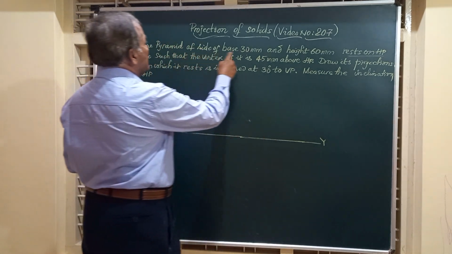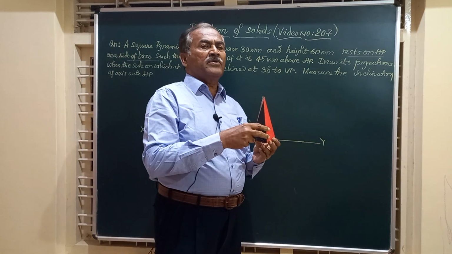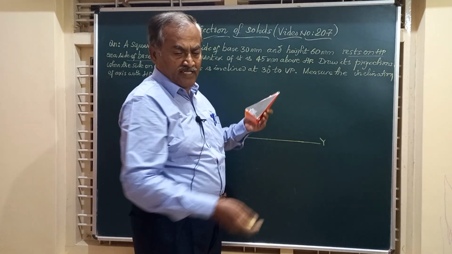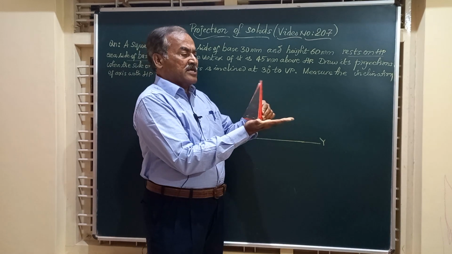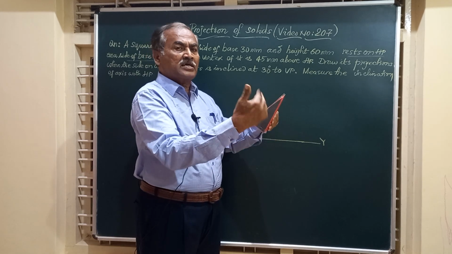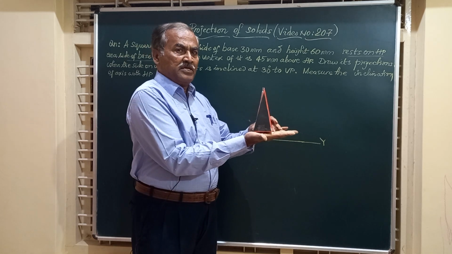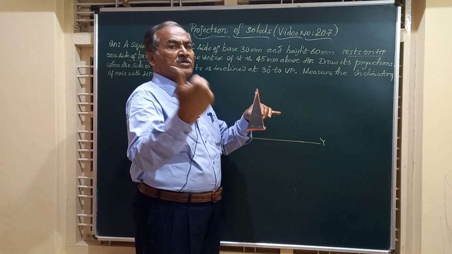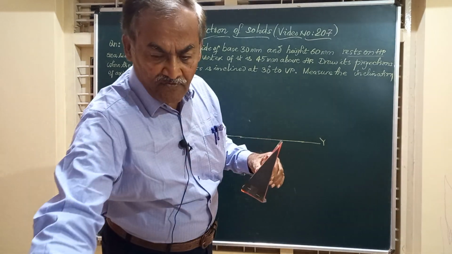Friends, it is resting on a side of base. Whenever any of the pyramids have to rest on a side of base like this, or it has to rest on a triangular face on HP, or a triangular face inclined to HP, for all these positions, place the object on HP such that a base edge of it is towards the right side of the observer and it is perpendicular to VP, the board in front of you.